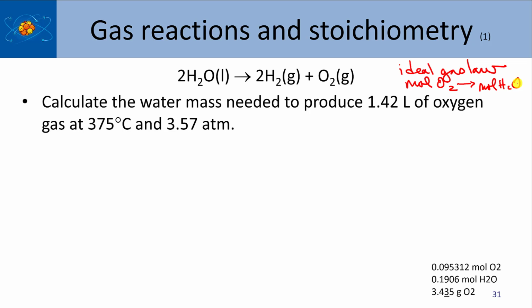So the pathway will be P, V, and T to get to moles of oxygen, and then we're going to go to moles of water, the thing that we're looking for, right? So we're given oxygen, we're looking for water. And then once we have water, there's a lot of different ways we could go, but we want mass. So we're going to go to mass of H2O like that.